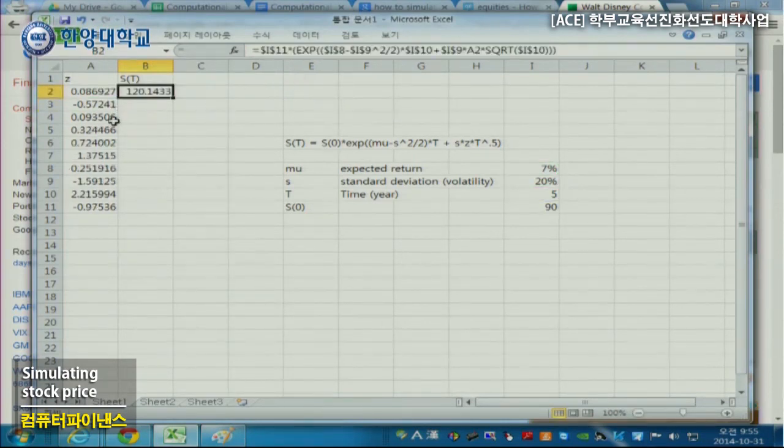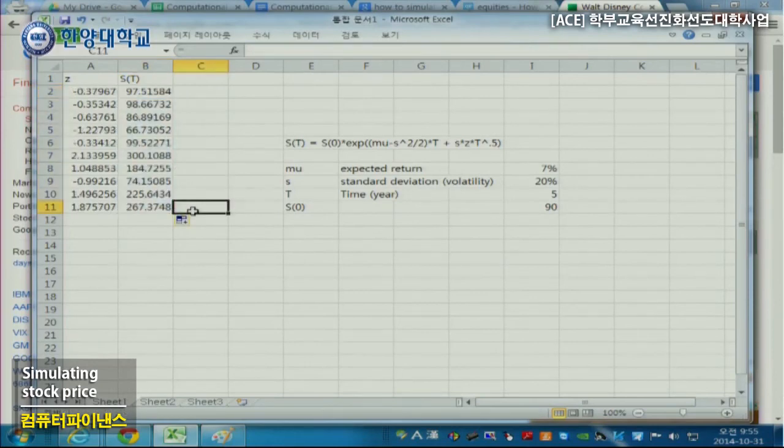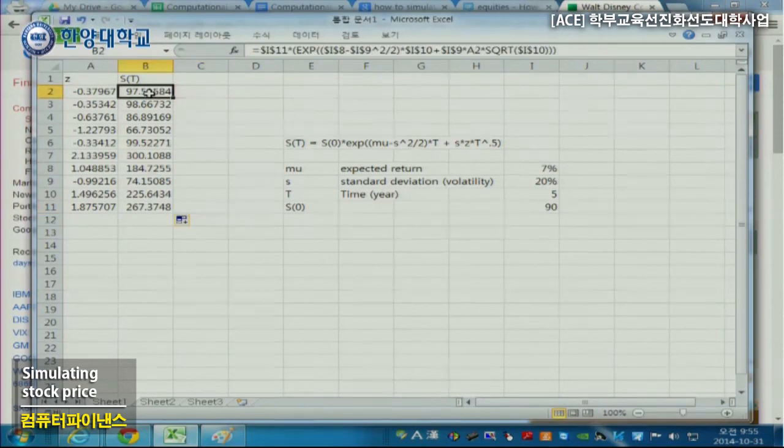So this is a good case, right? Let's see. I'm generating stock returns. This is a bit dramatic. They are very dramatic, but that is fine.